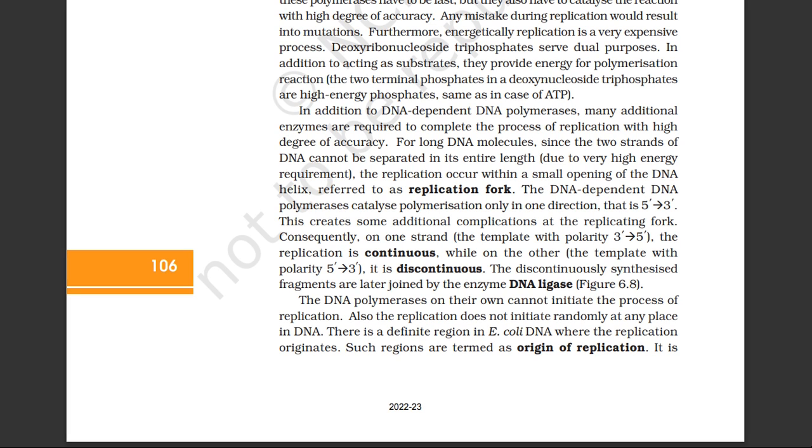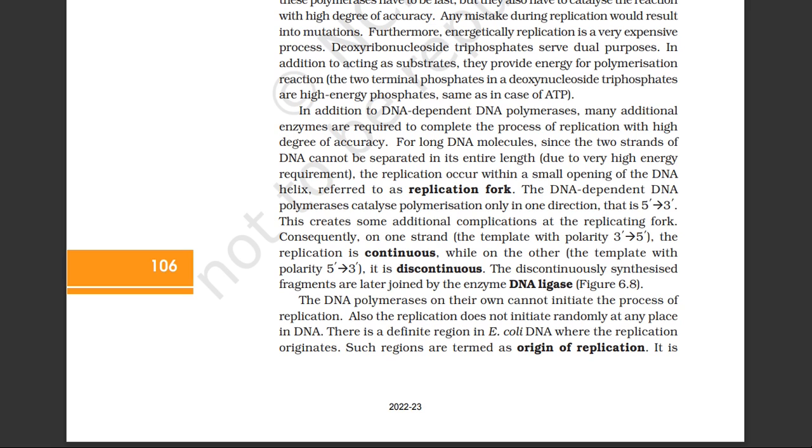This creates some additional complications at the replicating fork. Consequently, on one strand, the template with polarity 3'→5', the replication is continuous, while on the other, the template with polarity 5'→3', it is discontinuous. The discontinuously synthesized fragments are later joined by the enzyme DNA ligase, figure 6.8.